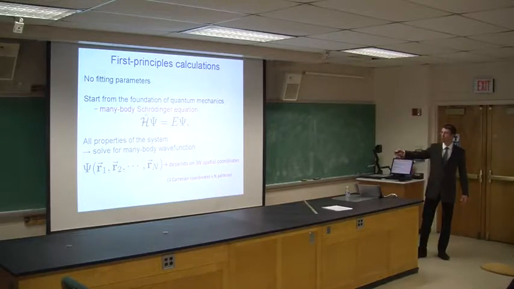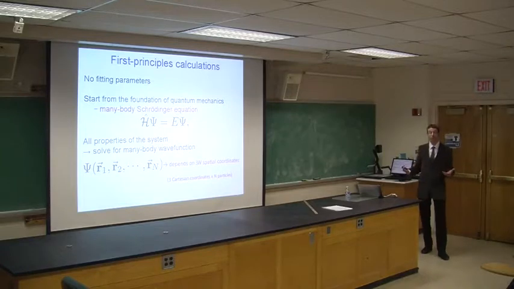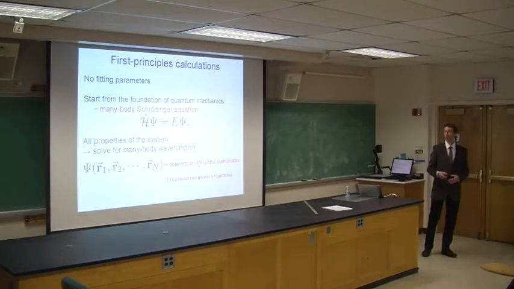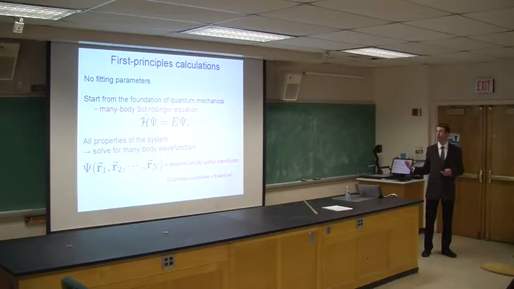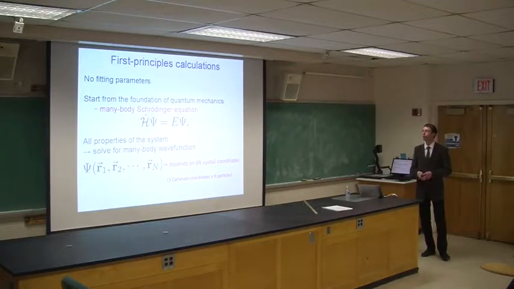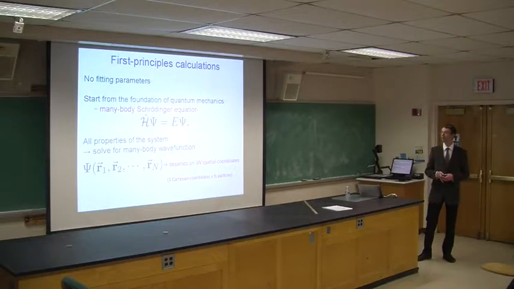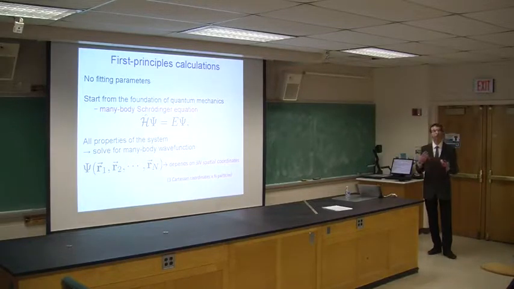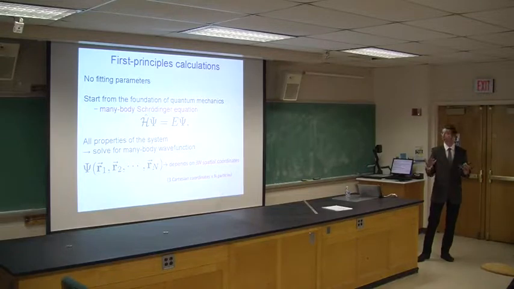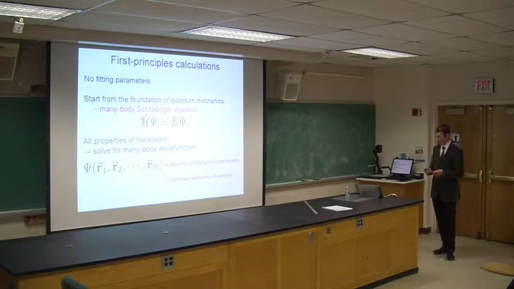In order to do that, you need to know the many-body wave function, which typically depends on 3N spatial coordinates, so 3 Cartesian coordinates times N particles. But unfortunately, as soon as you have a few particles, it becomes impossible to solve this exactly. So we will have to use some approach to tackle this, especially in a real solid-state material where you have a lot of electrons.